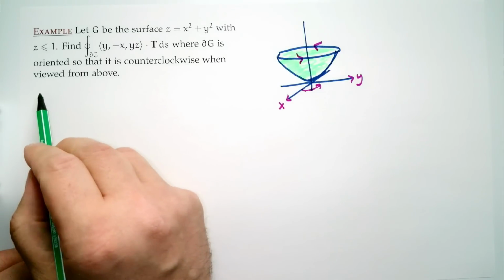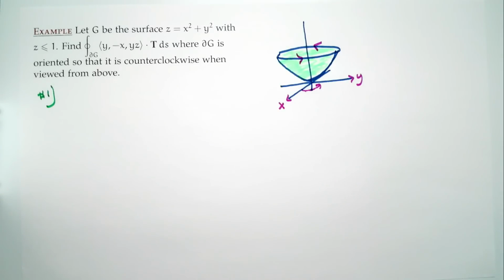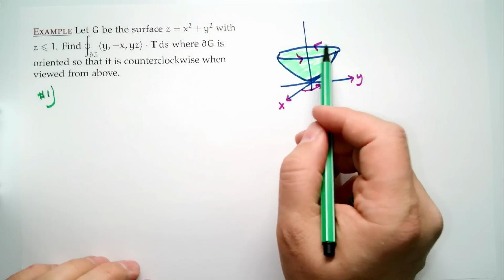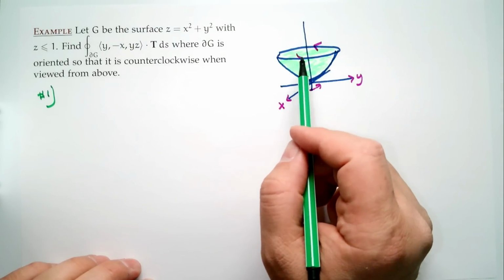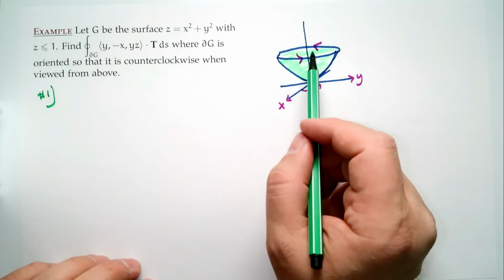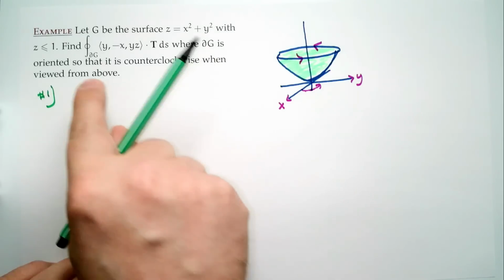Okay, so let's talk about it. The first option is let's actually do what's asked, not even use the new ideas. In other words, we're going to find this curve. I'm just looking at the boundary of this surface. What's the boundary look like? It's a circle. In fact, we know a little bit more because we're at z equals 1.